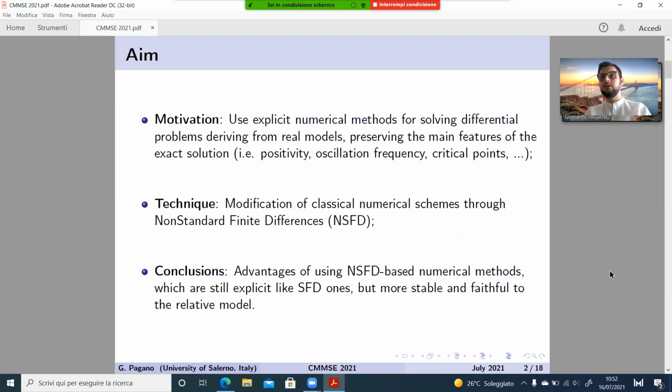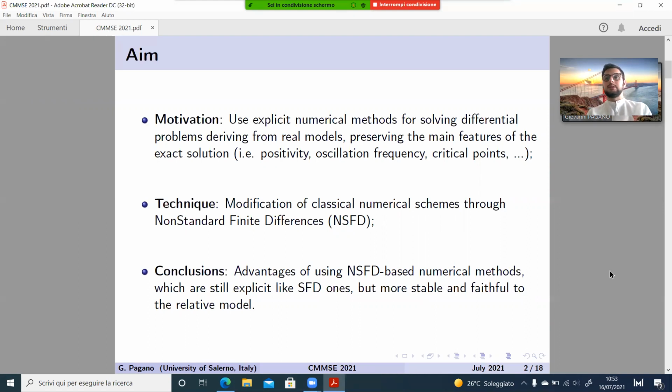Therefore, we consider real models of ODEs and PDEs that represent real phenomena, such as epidemic situations or physical situations, chemical reactions, and so on.